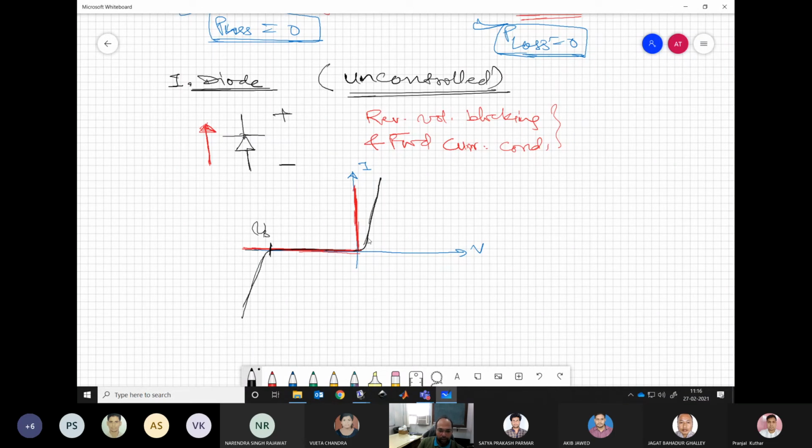In the forward direction, it will conduct the current, but there will be a certain drop across the diode while conducting. And the characteristic suggests that there is a slope. Which means if we have to draw the equivalent circuit of this diode in the off state and on state, in the off state it would look like, let me draw it separately.